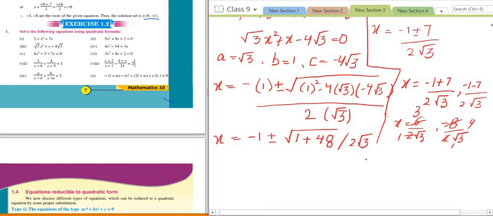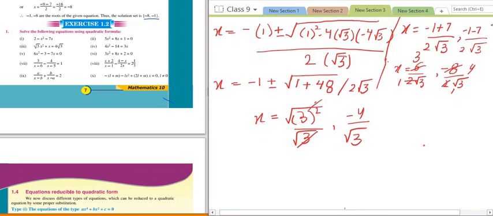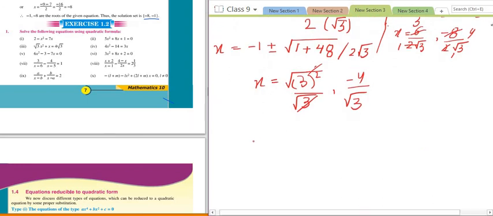Okay, this becomes x equals 3. We can write it as 3 square root 3. Here also square root 3. This square root is cancelled with this because there are two square roots, and the second one is minus 4 by square root 3. So this is x equals square root 3 and minus 4 by square root 3.